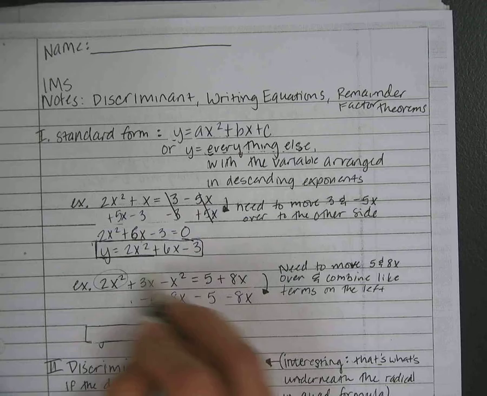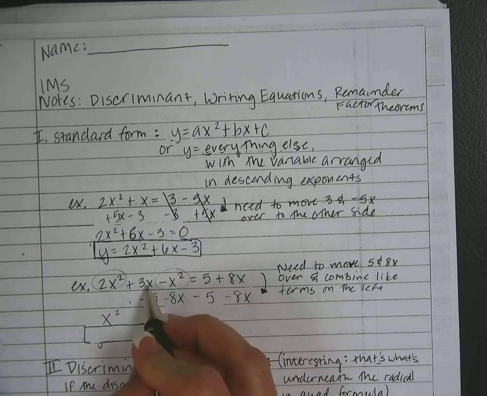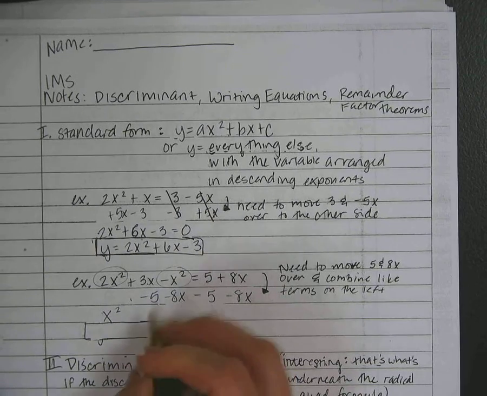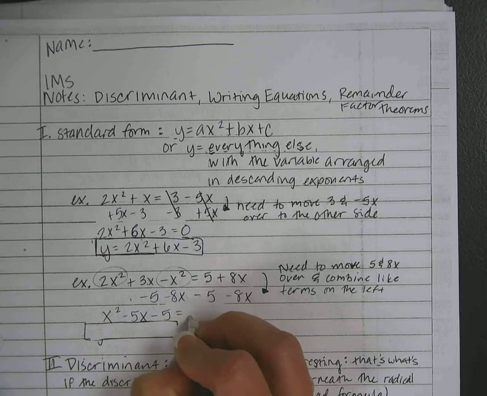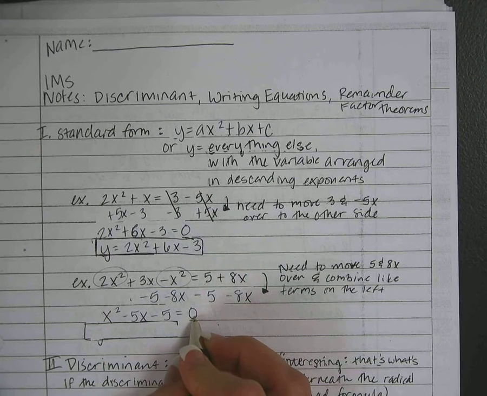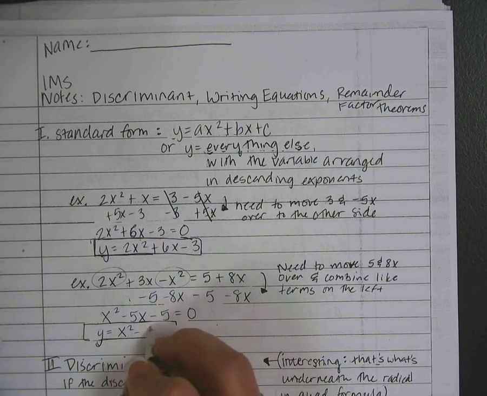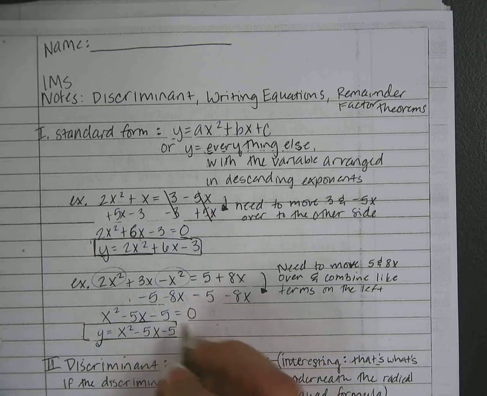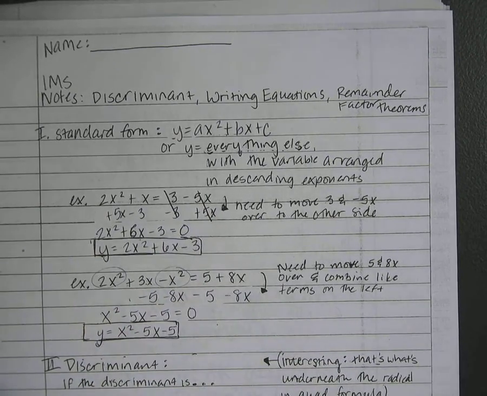And then these two will combine, and I'll have x squared. 3x minus 8x is negative 5x. And then minus 5 equals 0. And we want to replace that 0 with a y. So y equals x squared minus 5x minus 5. And that's in standard form.